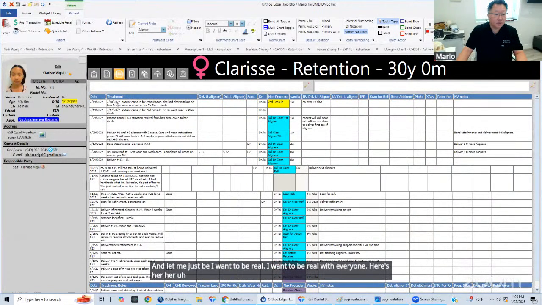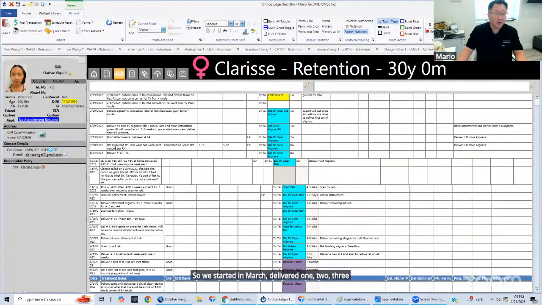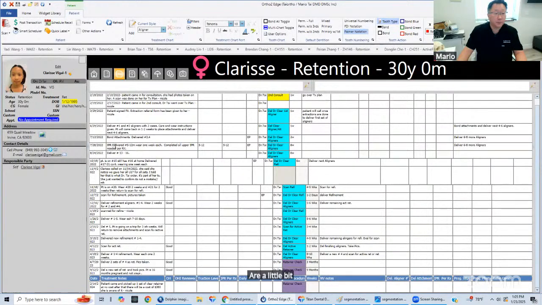This is her chart. We started in March, delivered 1, 2, 3, 4. I watched her well. We did a little bit more IPR here. And then when did we scan? We scanned her, yep, 12/7. By then she wore 21 aligners. So she did 21 aligners, and then we scanned her.